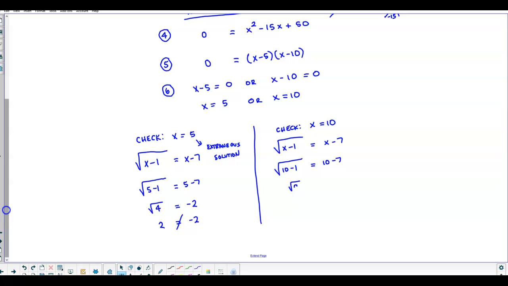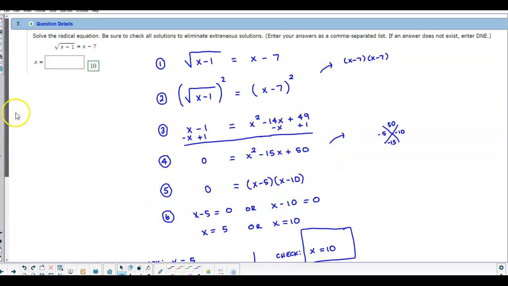This gives us the square root of 9. 10 minus 7 gives you 3. The square root of 9 is 3, and that's equal to 3, so therefore that checks. So our only solution is 10. It's really important that when you're dealing with a radical equation that you check your solutions. So the answer here is 10.